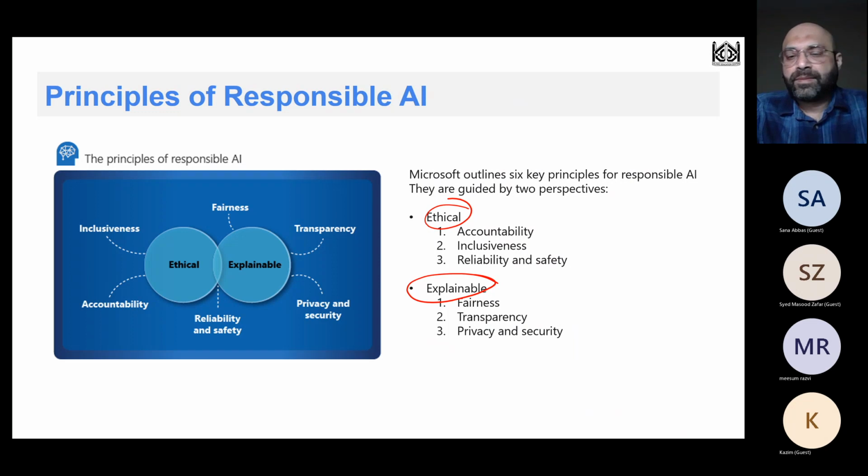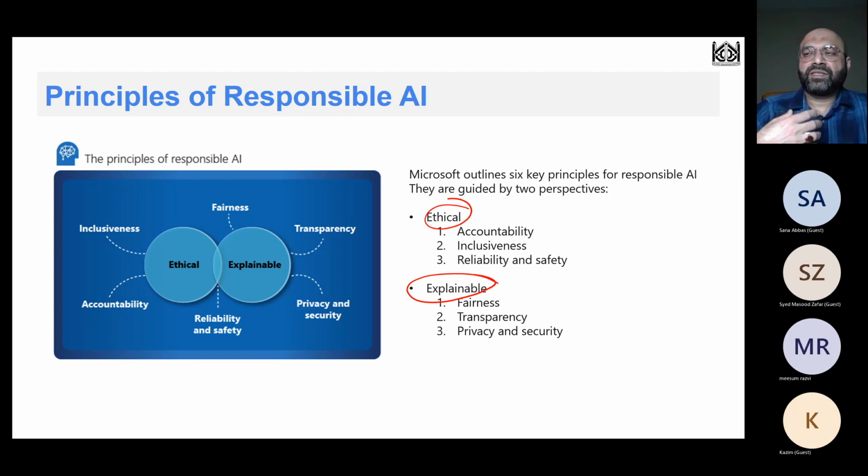Okay. On the explainable side, it has fairness embedded into it. It has transparency embedded into it. That it is transparent. It is not a black box. So whatever decision it is making, it is able to define that these are the facts based off of which I am able to make the decision. And then privacy and security.